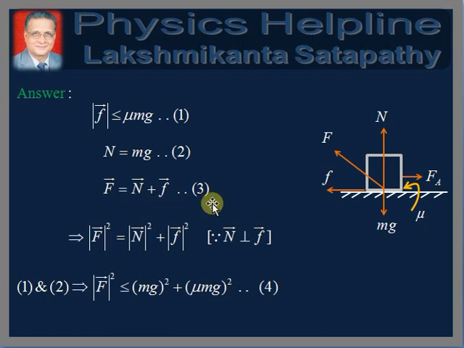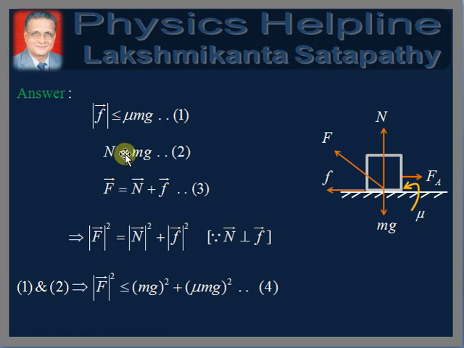We observe that N is acting in the vertically upward direction and F is a horizontal force. Therefore, they are mutually perpendicular. Therefore, the magnitudes are related as this. Mod F square will be equal to mod N square plus mod F square, since they are mutually perpendicular.